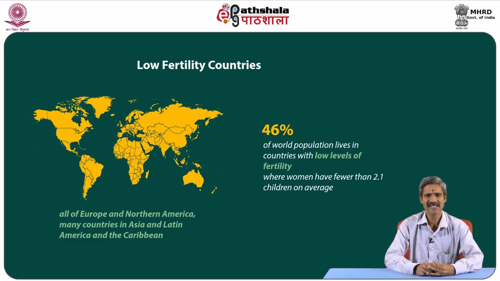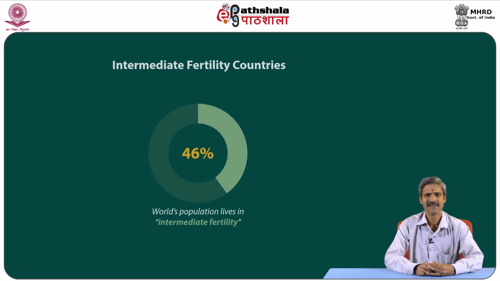It was less than 2.1 children on an average per woman. The low fertility countries include all the countries of Europe and Northern America, and many of the countries from Asia, Latin America and the Caribbean.